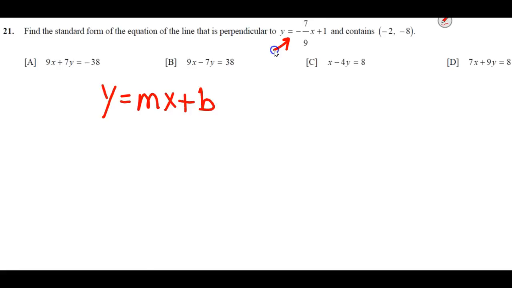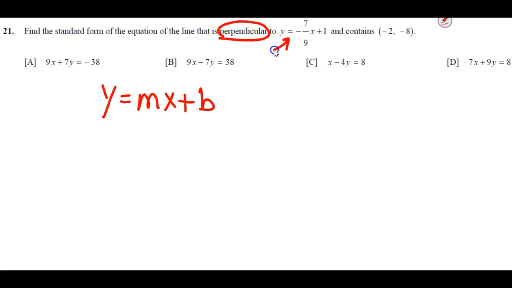y equals mx plus b. Now, one of the things that we know, because it's been given to you already, is lines that are perpendicular, the slope is a negative reciprocal. So this is something that you have to remember or go back and look at, because that's how you get your slope for the new equation.